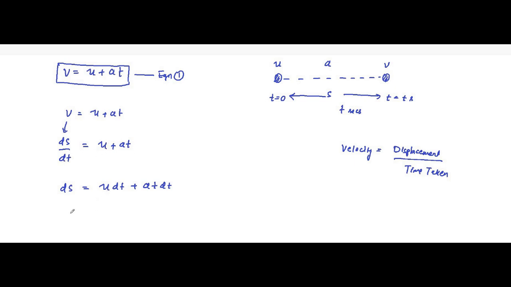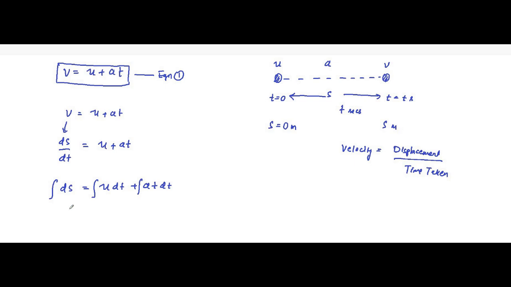Now we have to perform integration on both sides. So integration of ds, integration of u dt, integration of at dt. Again, this is definite integration, so we have to choose the limits. Here for displacement, the initial displacement is 0 at time t equals 0, and at the end of the time duration t, the displacement is s, meters or whatever units.